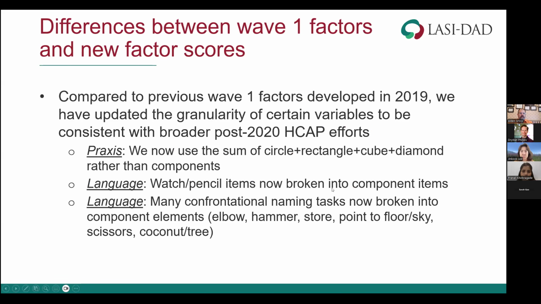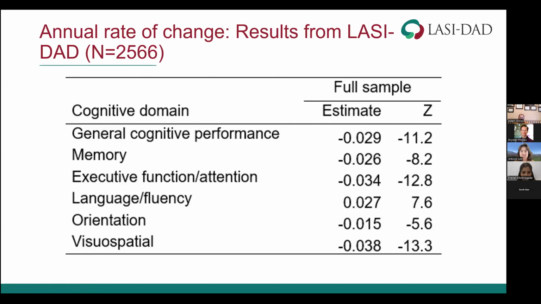Right. So then let's look at the rate of annual change in these cognitive scores. Wave 1 was conducted in 2017 to 2019, and wave 2 was conducted in 2022 to 2024. I think the average follow-up time was about 6 years.